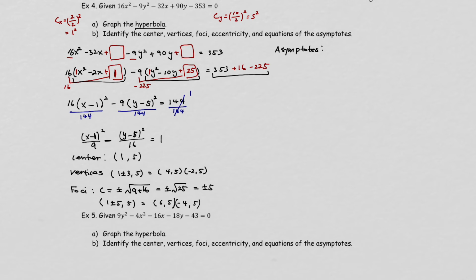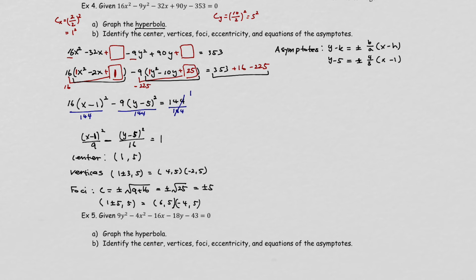So then if we wanted to find the asymptote, we're going to use the formula. And that gives you y minus 5 equals plus minus 4 over 3 times x minus 1.